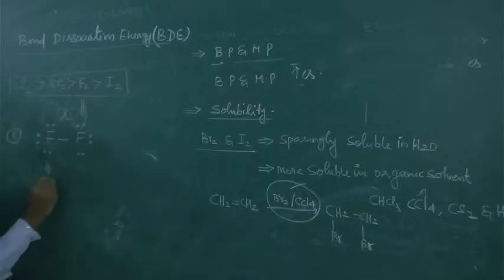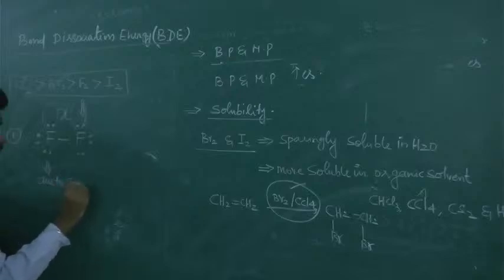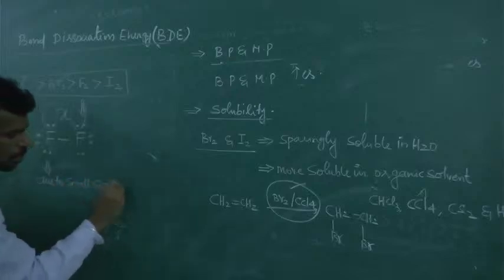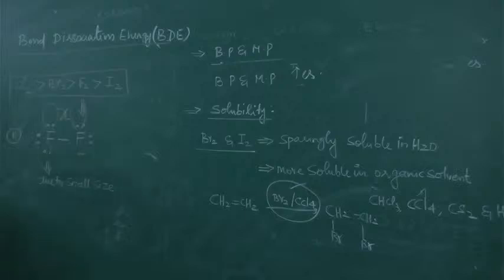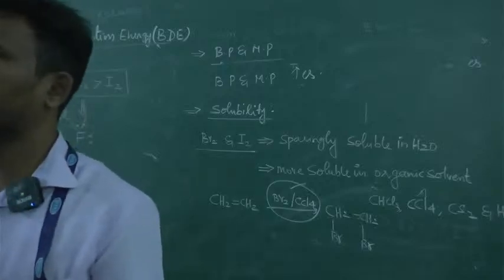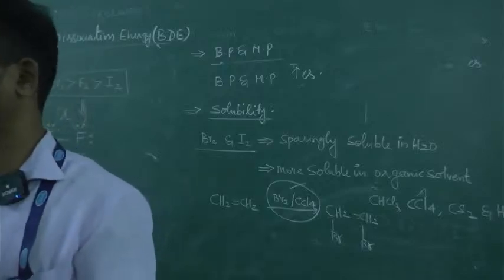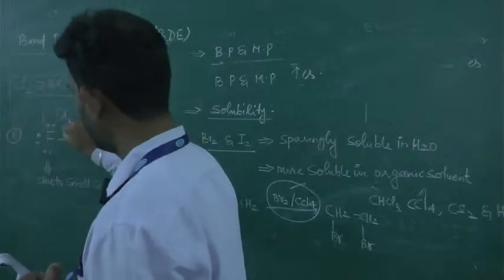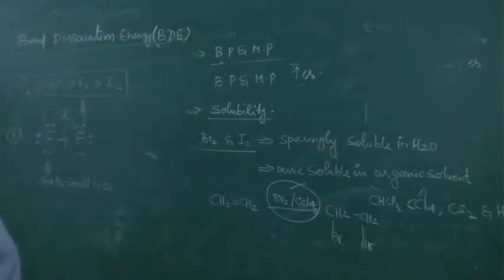Due to small size, the nucleus is also very close to each other, as well as it has lone pairs. Lone pair means negative and negative repulsion, so it will be high. So we can easily break this bond. Note it down.